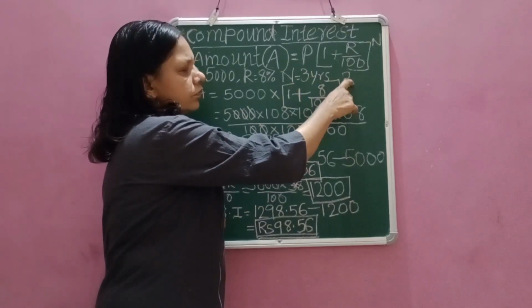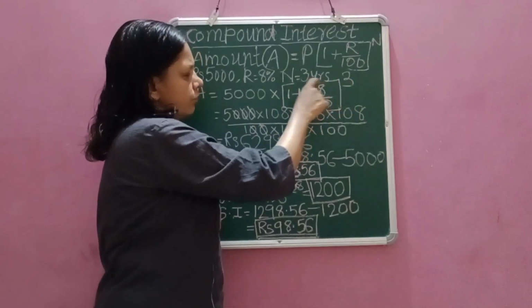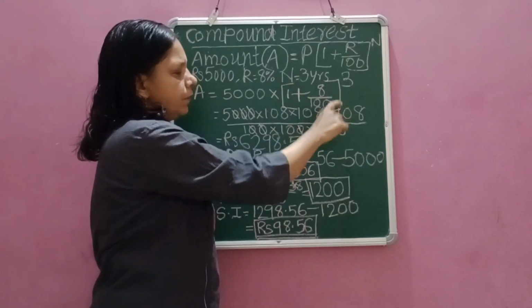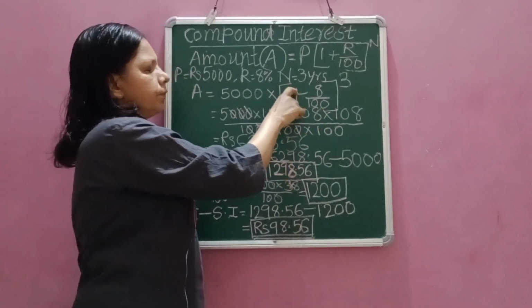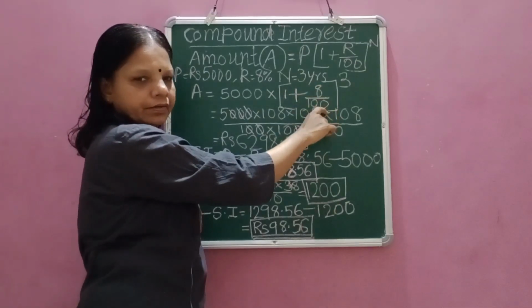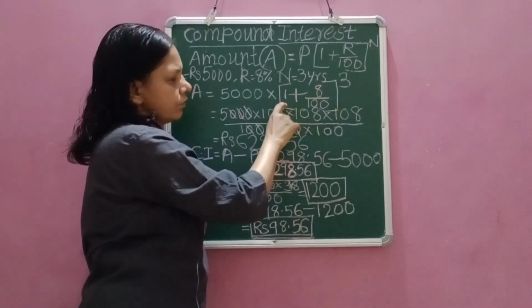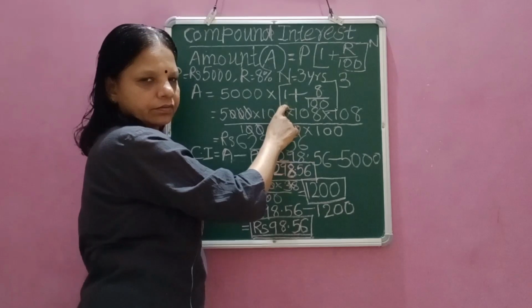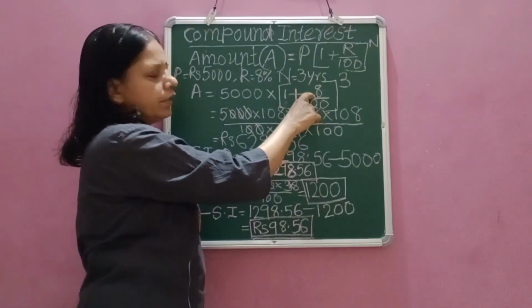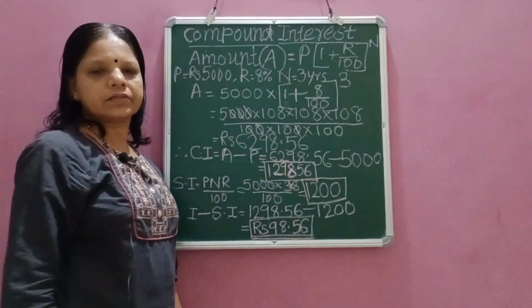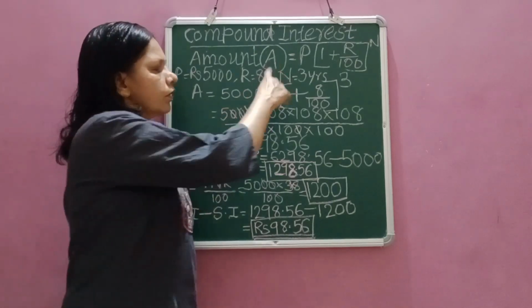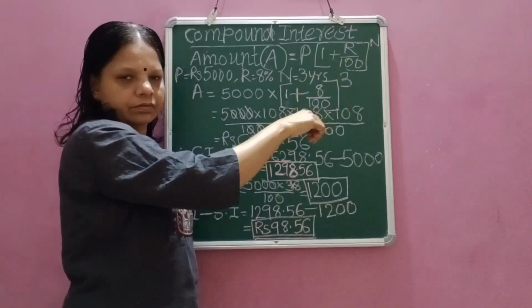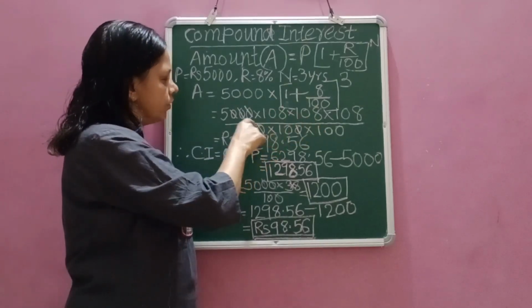All raised to 3. So you have to do cross multiplication here: 100 into 1 plus 8 upon 100. 8 into 1. Here nothing is there with 1, so write 1. So what do you get in the bracket? 108 upon 100, all raised to 3. Don't forget that.